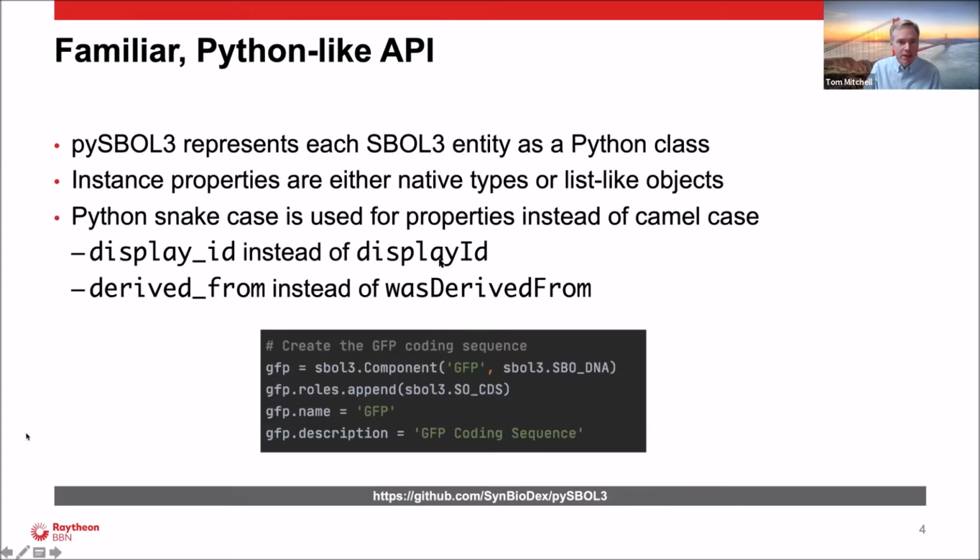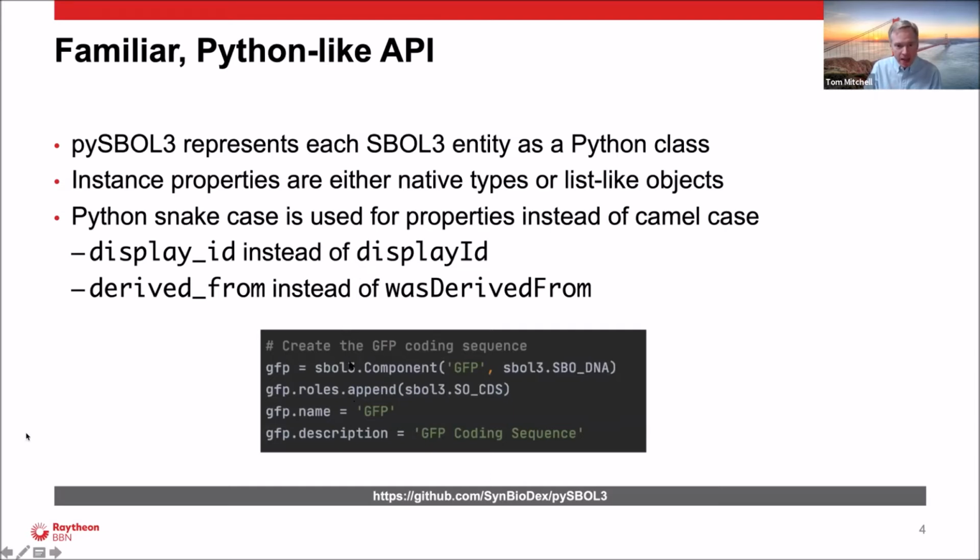The one change we did make was we adopted Python snake case, so you'll see here with the underscores, instead of adopting the literal property names from the SBOL 3 specification, because snake case is a more familiar way of looking at these symbols from a Python standpoint. So that's one minor difference, but it's a pretty straightforward transformation between the two.